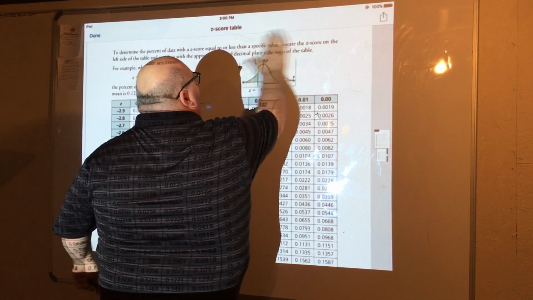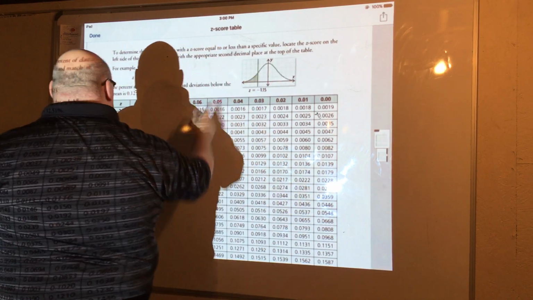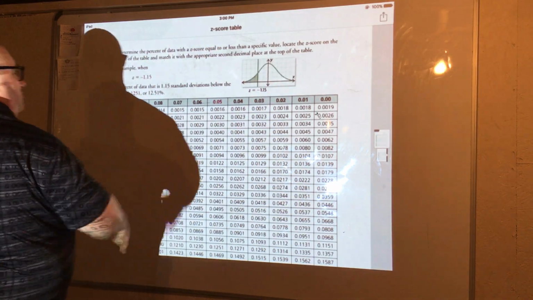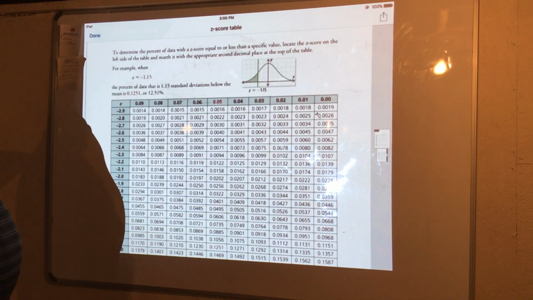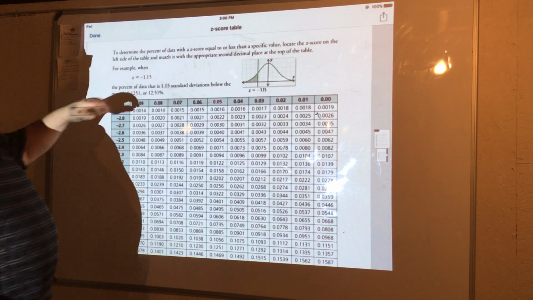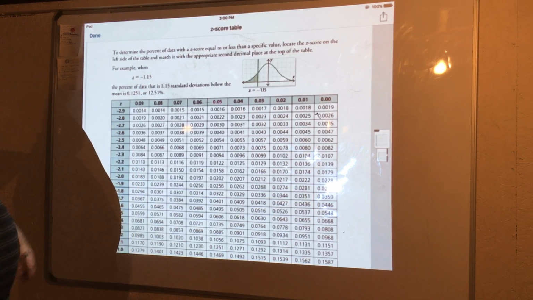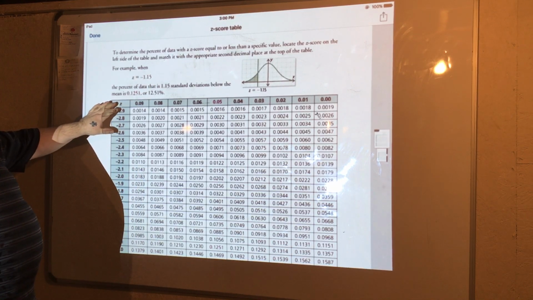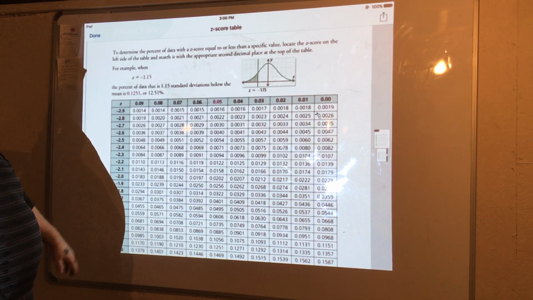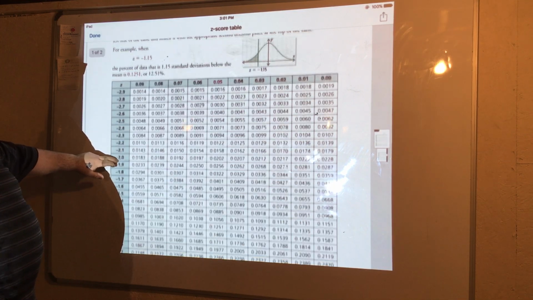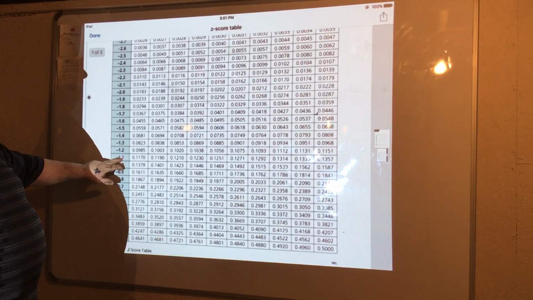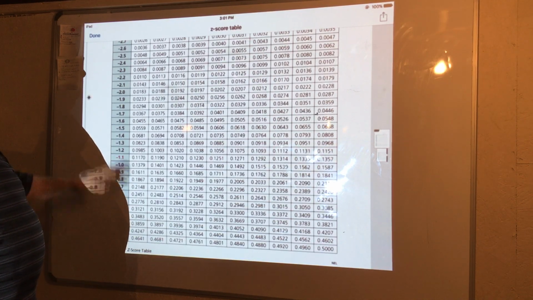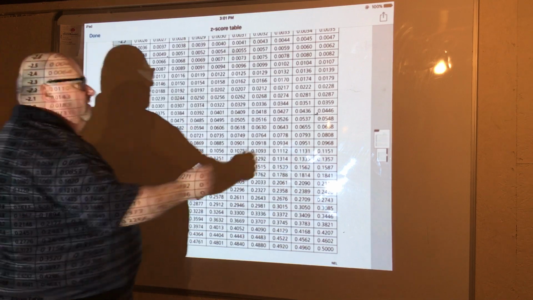So you have to be careful. How do you set this up? Well, in this table, it's always measuring from the left to that value, all right? So for negative 1.15, we first go to this side of the table, and we have to move this up a little bit till we get to negative 1.1, because our number is negative 1.15.